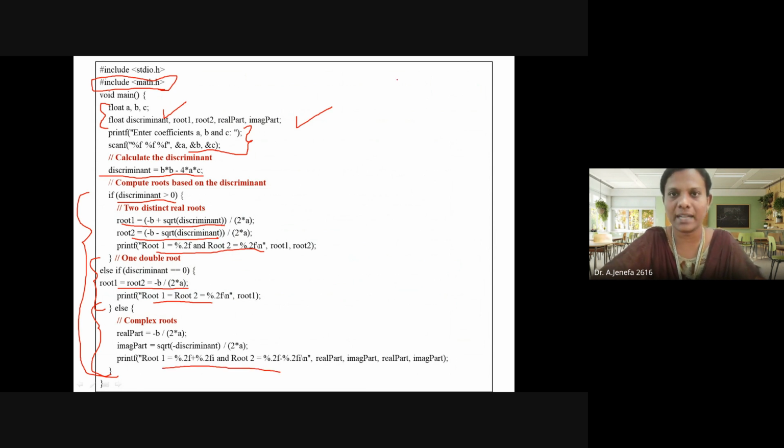So this is how we write a C program to find the roots of a quadratic equation. We have to check three cases: what if the discriminant value is greater than 0, equal to 0, and less than 0. So this is the C program for the quadratic equation.